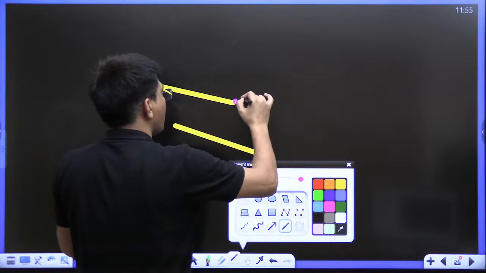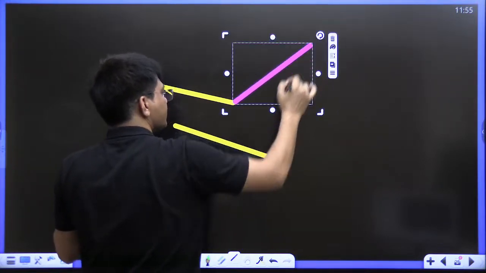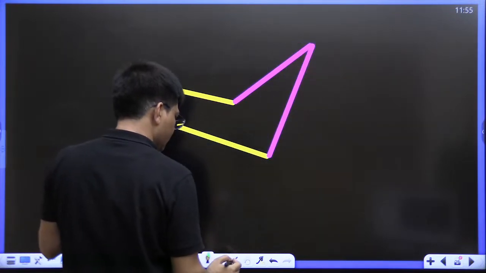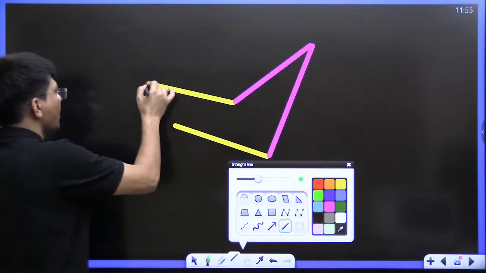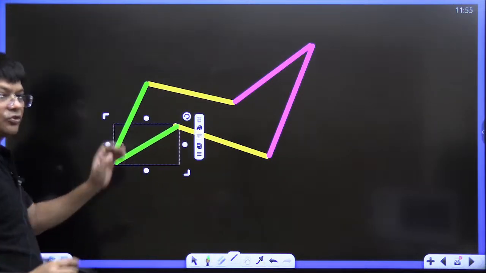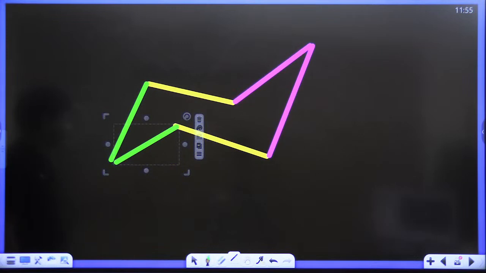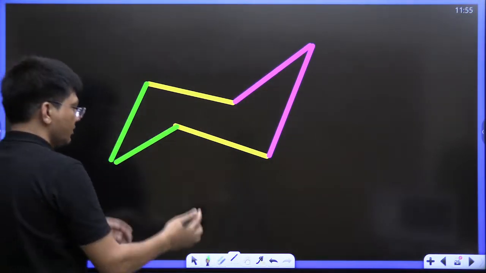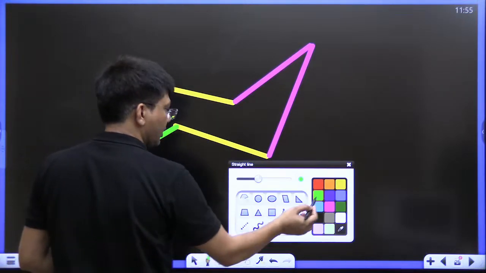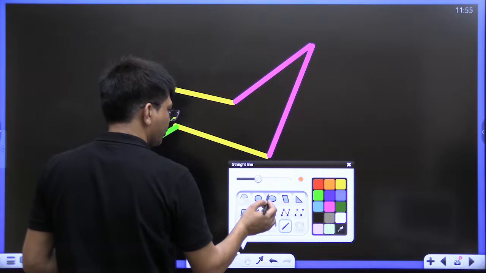If I draw another line like this, this carbon is going up, and this carbon is going down. This is actually cyclohexane, kids. The chair structure, can you see the chair? Just try to understand how the chair will look.